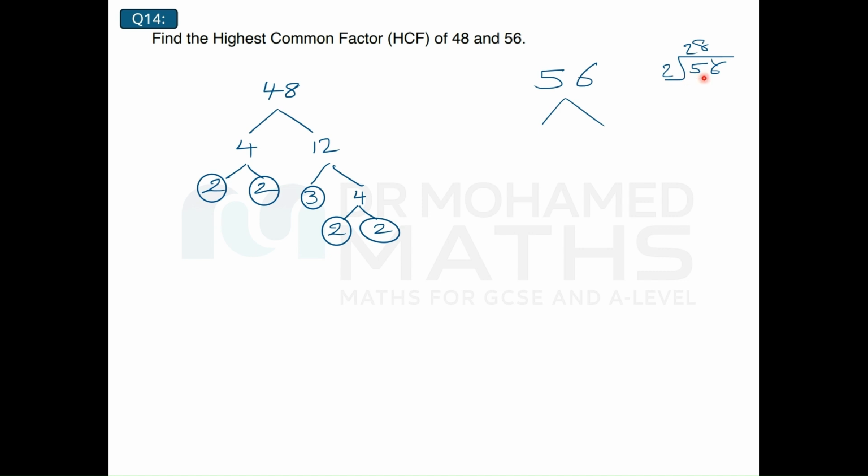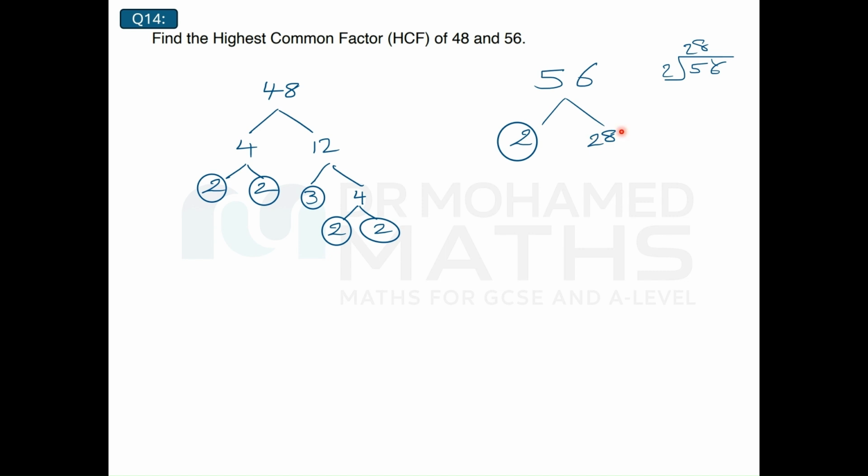So 56 divided by 2: 5 divided by 2 is 2, and it's equal to 4, remainder 1. So I write 1 here, and 1 and 6, it will be 16. 16 divided by 2 is 8. So 28 times 2 is 56. So here I write 2 and 28. And I know 2 is a prime factor, so it cannot be broken down anymore. And I made my circle here.